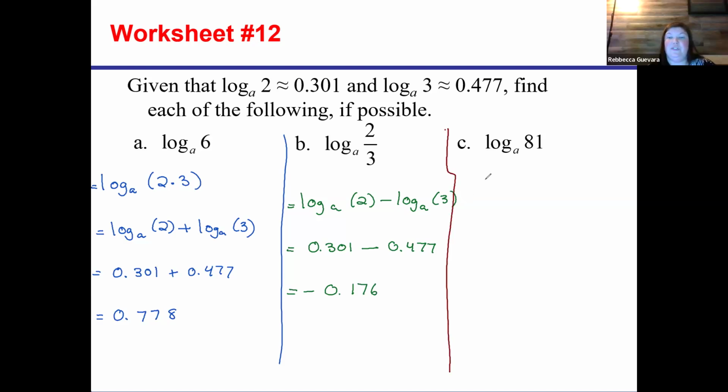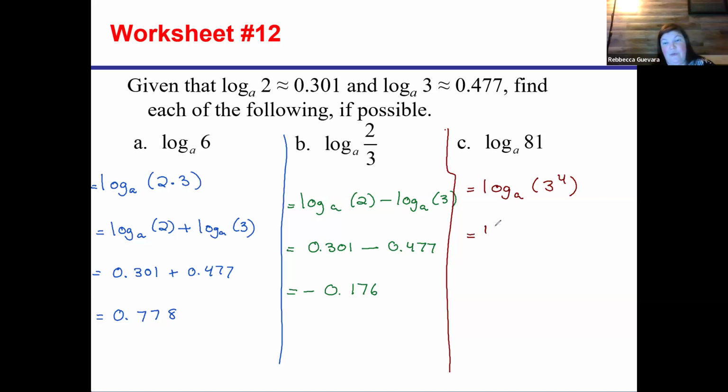Okay, so for C, we have everything is either a power or it's a 2 or a 3. So 81 is just going to be 3 to the 4th. Well, we know that if I have a power here, I can pull out that power.